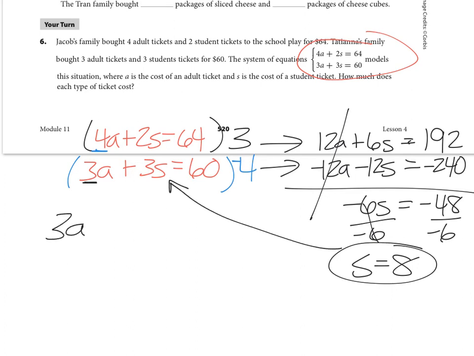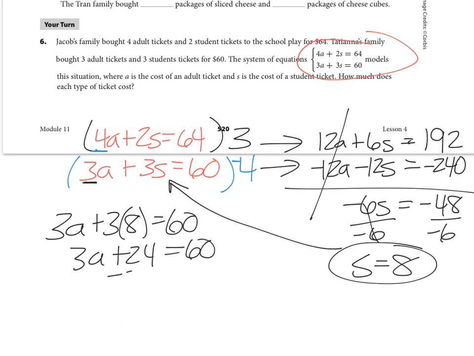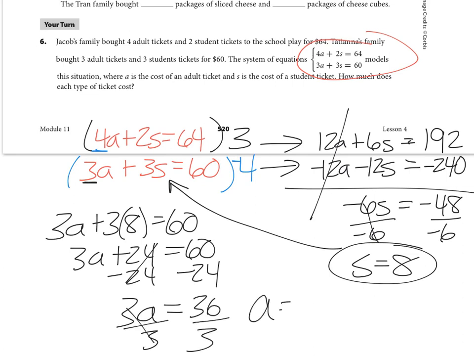So I have 3a plus 3 times 8 equals 60. So 3a plus 24 equals 60. Subtract 24. Oops. So I get 3a is 36, divide by 3, and I get a is 12.